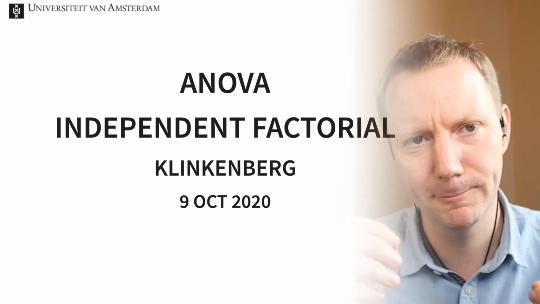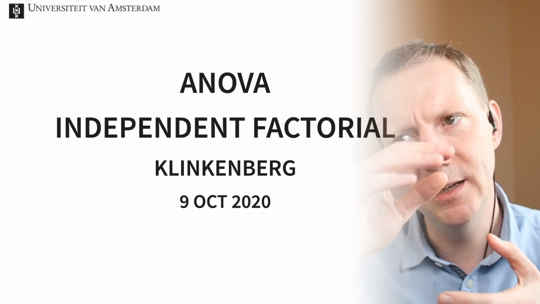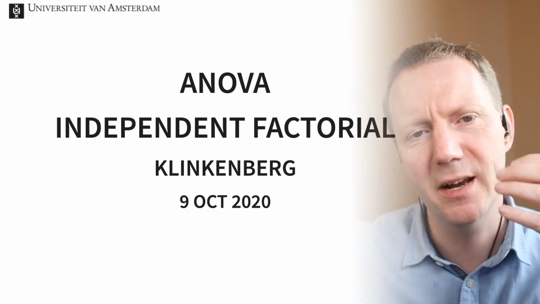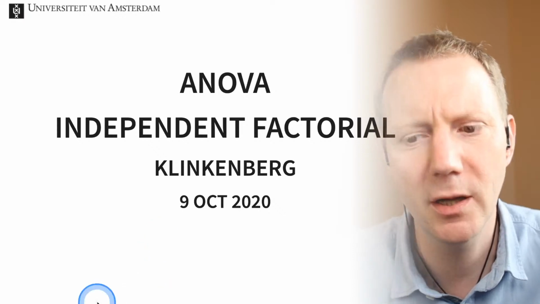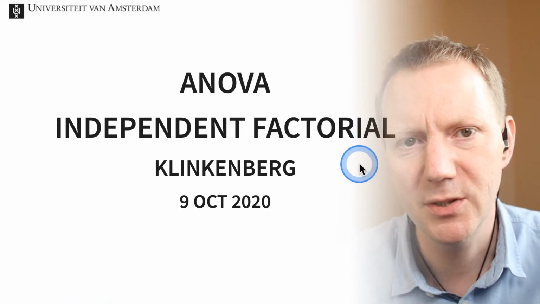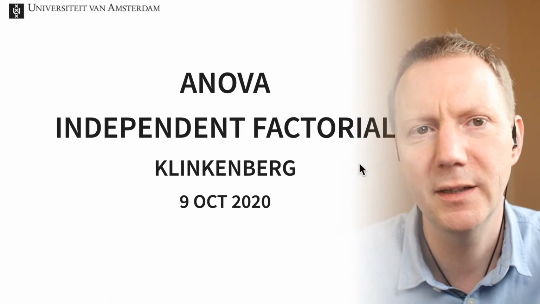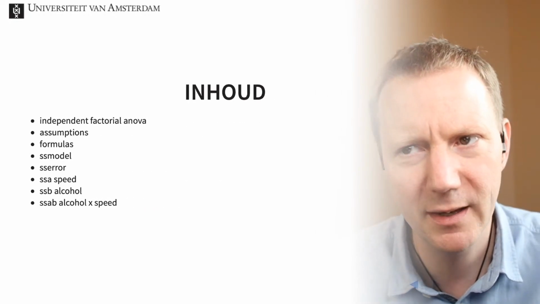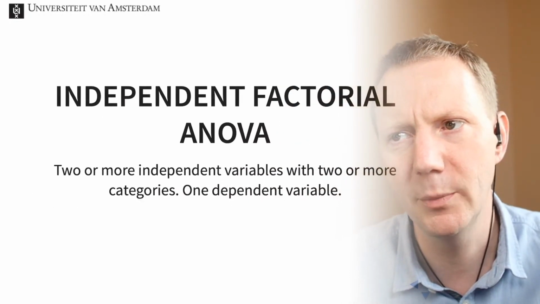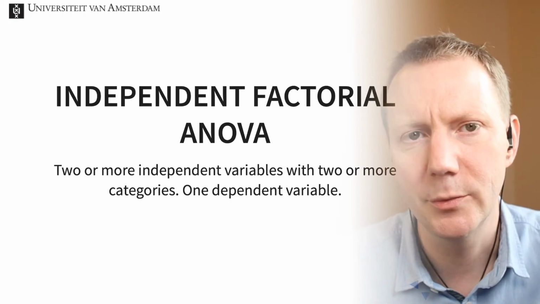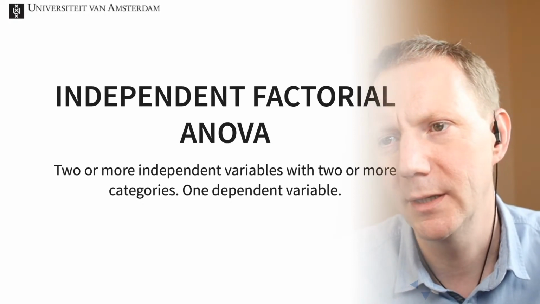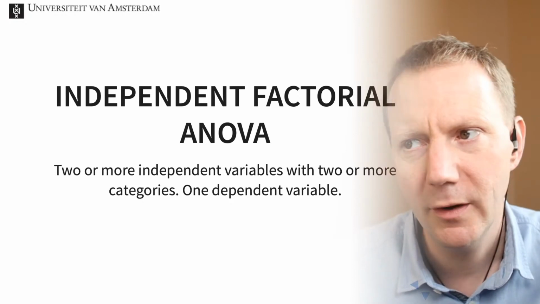That could also be in a more repeated setup instead of independent groups. So we're going to see that this terminology is going to be used a bit more often than just now. So it's good to have in your mind the meaning of the term.